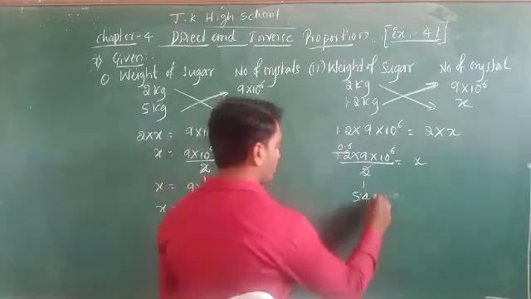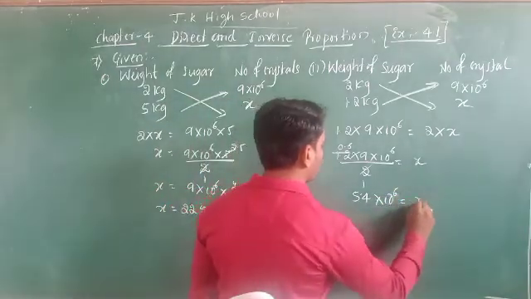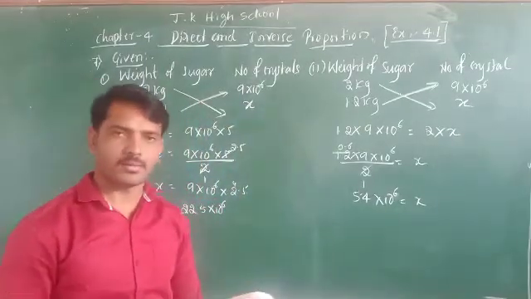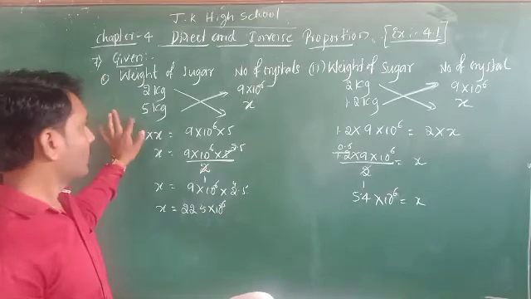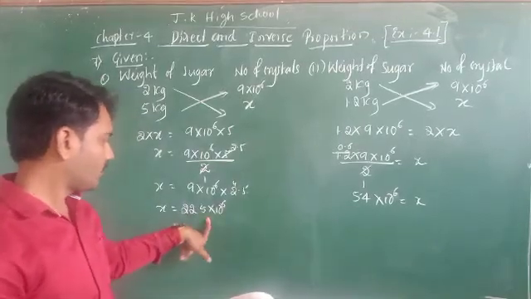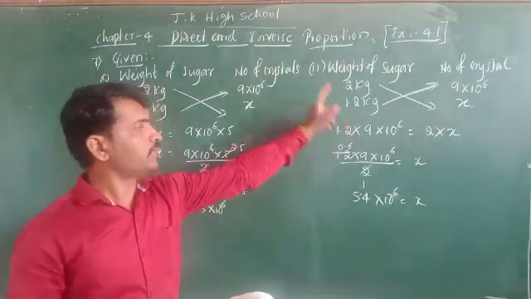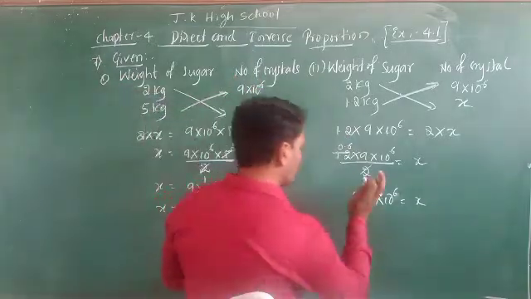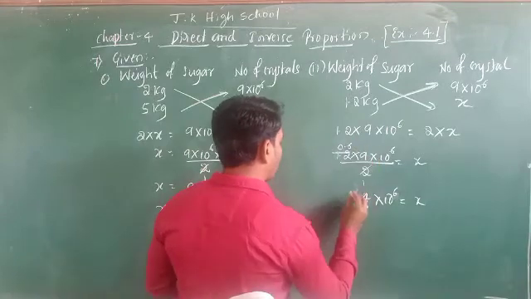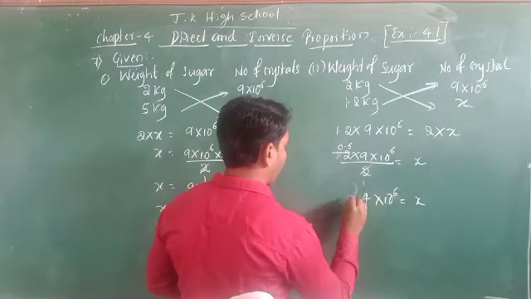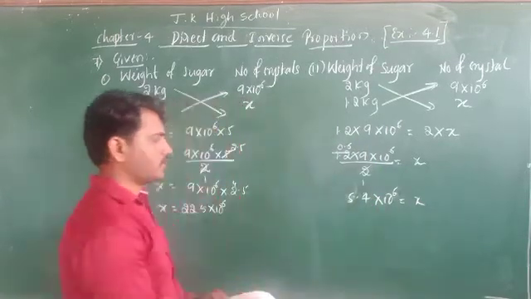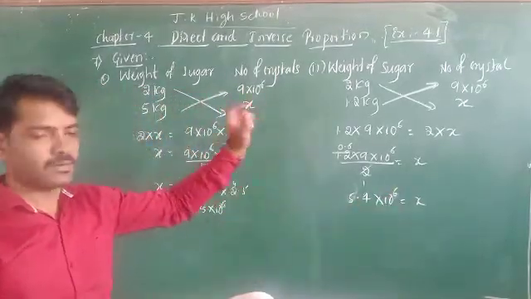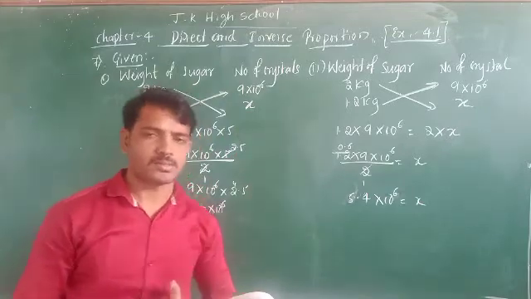So 5.4 into 10 to the power 6 crystals are there. Here 5 kg has 22.5 into 10 to the power 6 crystals, and 1.2 kg of sugar has 5.4 into 10 to the power 6 crystals. Write down both answers.